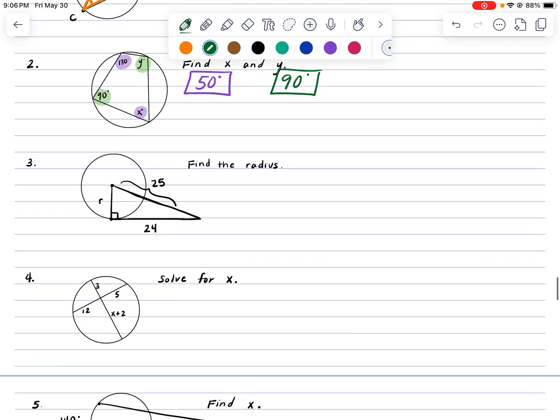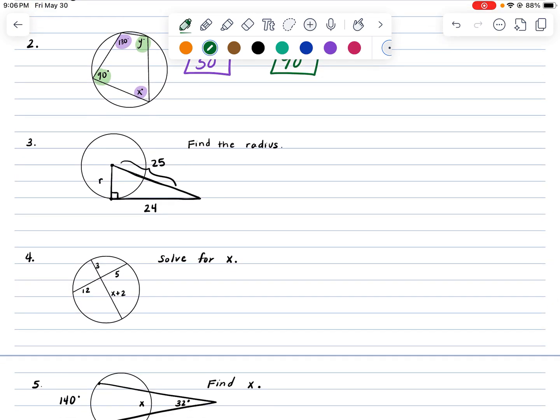When you're asked to find the radius, it can look a lot of different ways, but it's really coming back to Pythagorean theorem. In this case, remember your C is the hypotenuse. So r squared plus 24 squared is equal to 25 squared.